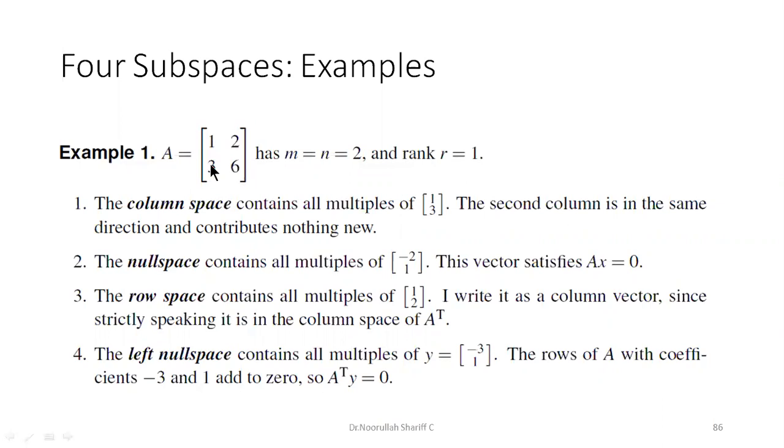If it doesn't give 0, then since this is a 2 by 2 matrix, 2 itself will be the rank. If the determinant is 0, you take the submatrices and find the determinant of each. If one of them is non-zero, then the rank will be n minus 1, or 2 minus 1, that is equal to 1. Now the way to find the column space is, you need to solve this.